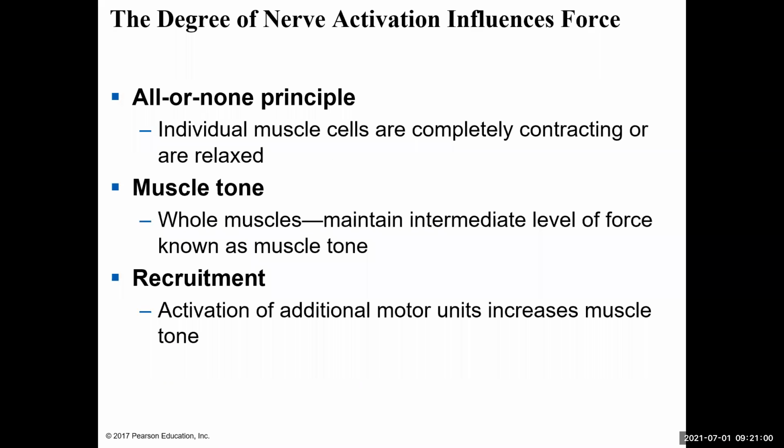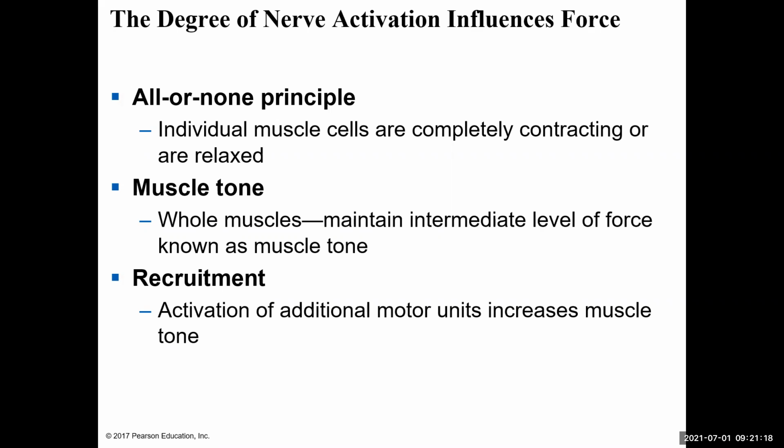Now, a muscle contraction is known as an all or none principle. Your muscle can't halfway contract. It's either going to completely contract or it's going to be relaxed. It either happens or it doesn't happen. Okay.